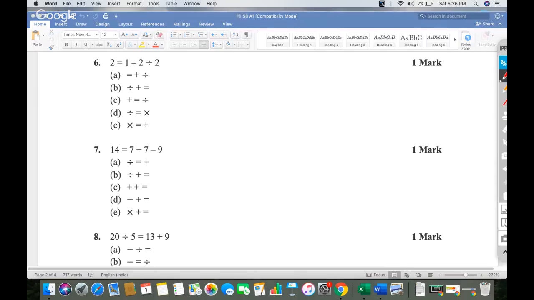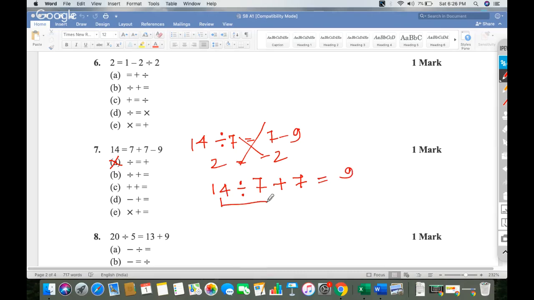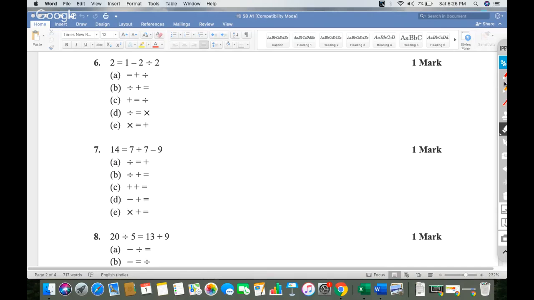So what I can do in question number 6 is I divide 14 by 7 is equal to 7 minus 9. This gives me 2 and this gives me minus 2. So option A is not the answer. 14 divided by 7 plus 7 equal to 9. So by BODMAS, I will first do division. So 14 by 7 is 2 and 2 plus 7 is 9, which is equal to this 9. So option B is my answer. So in question number 7, option B is my answer.